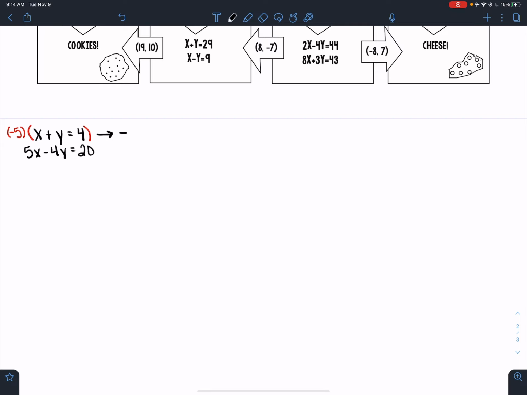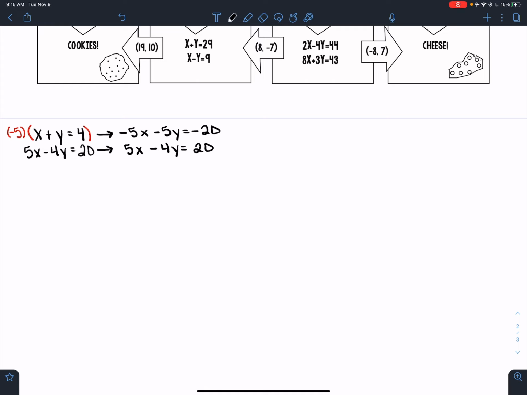So that'll give me a -5x, -5y equals -20. The second equation I do not need to change. So that's 5x minus 4y equals +20.